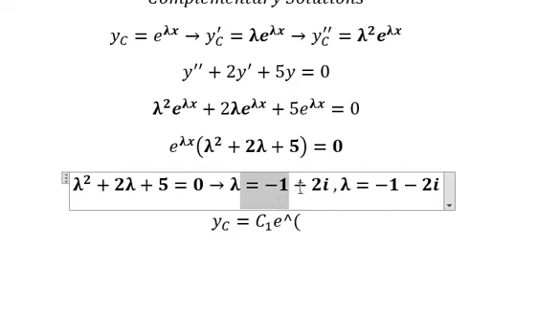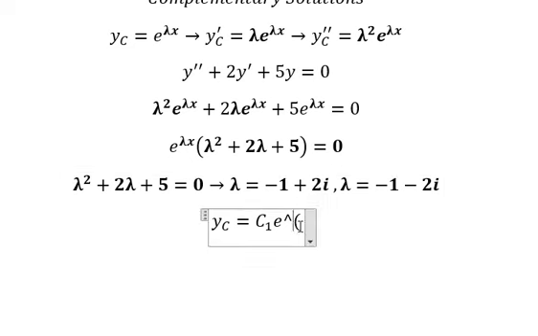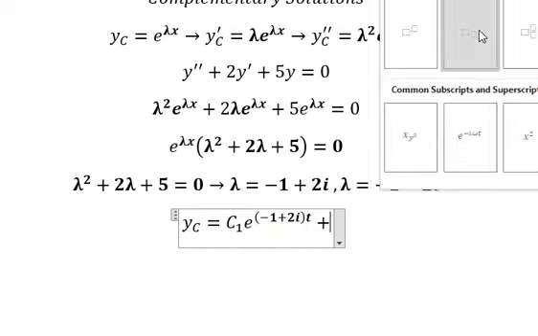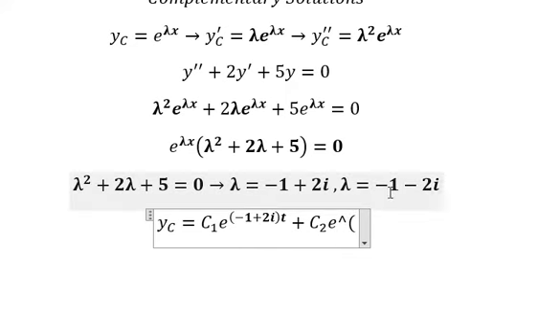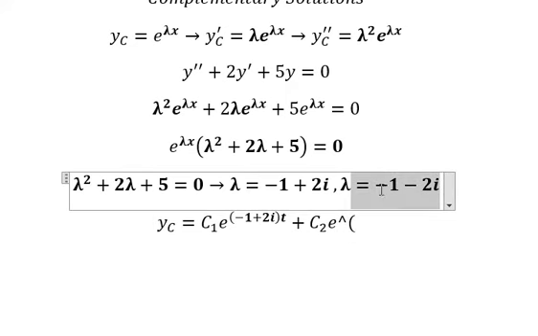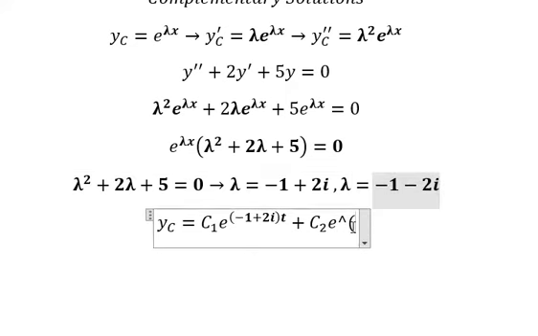So we change lambda into this one. And we have c2, e to the power of lambda t. So we put this one going here.